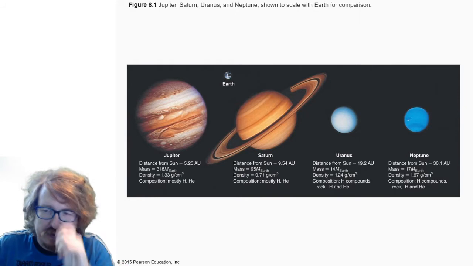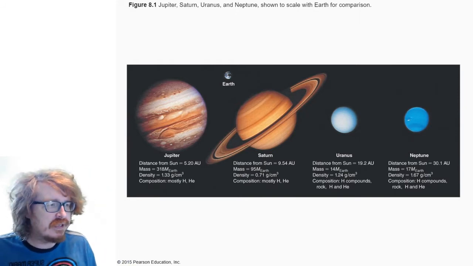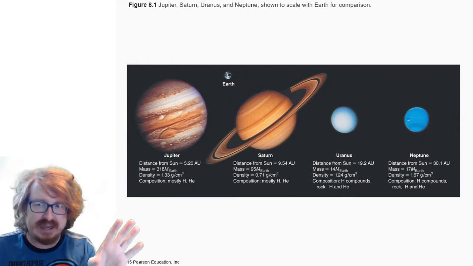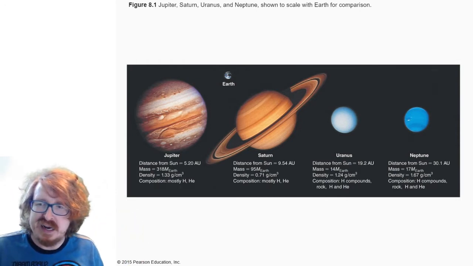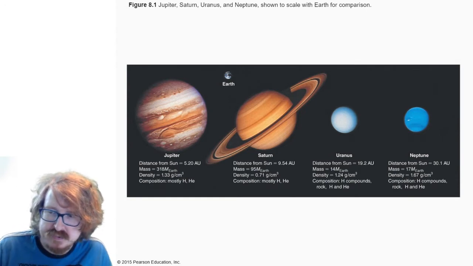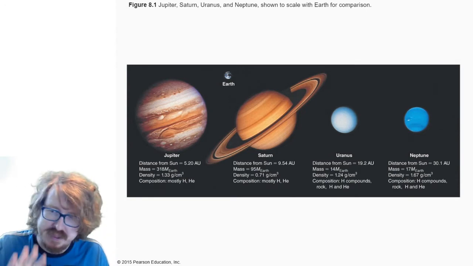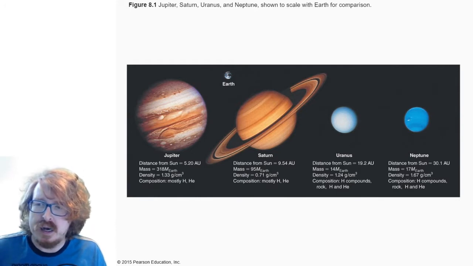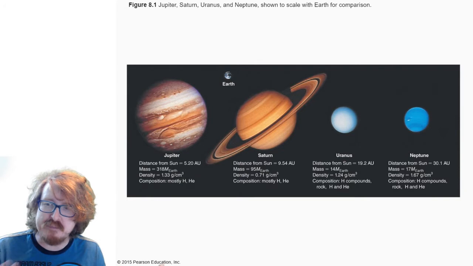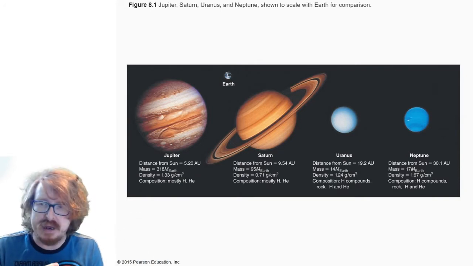What makes this a little bit different than last time is that we're going to talk about Jupiter and Saturn at the same time. We're kind of hitting a crunch here. I'm going to try to fit as much material into this semester as we can without overloading you guys. But Jupiter and Saturn are so similar that we can save time by talking about them at the same time.